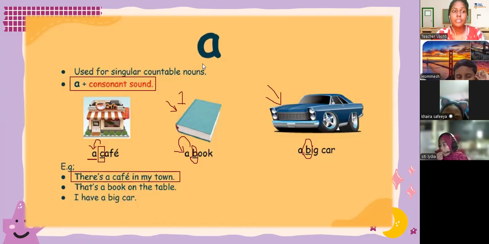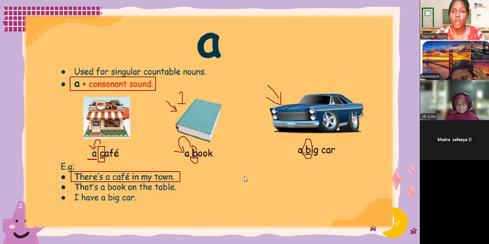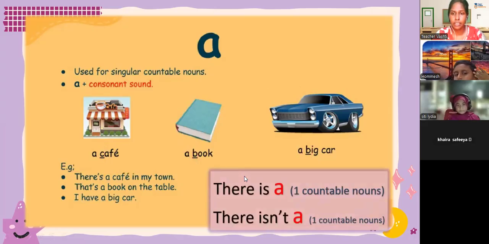Okay? Now, let's continue. Kita guna an untuk konsonan. But make sure it is one countable noun. Now, you can copy this.